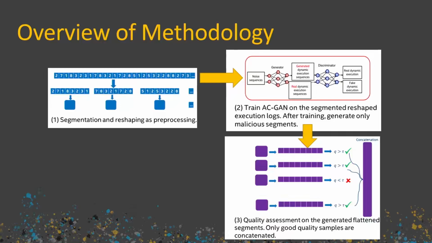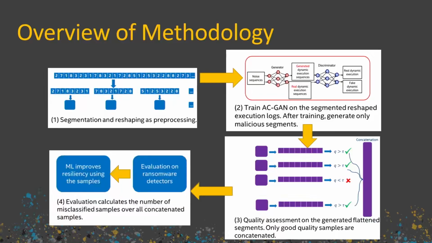If not, we go back and regenerate more adversarial samples. Finally, with all the generated adversarial samples, we send them into the highly effective machine learning classifiers I showed earlier, and understand how well they can detect those adversarial examples.